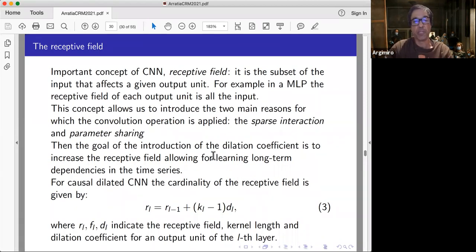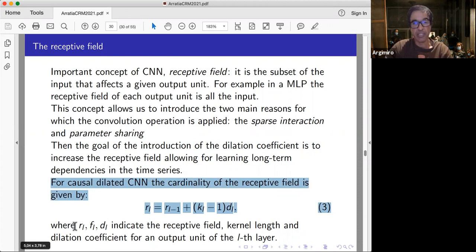So with the receptive field, you can compute it for any CNN with this formula, where R_L indicates the receptive field, F the kernel length, and D the dilation coefficient for an output unit of the Lth layer. Okay, so just keep with this. I do not remember this formula, but just to let you know that there is a way of computing this, the receptive field, and this is what is going to distinguish the typical CNN from the DCNN.